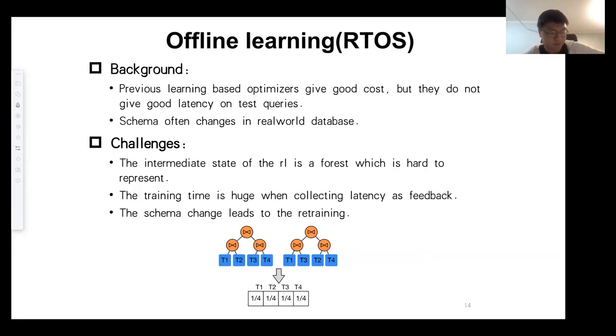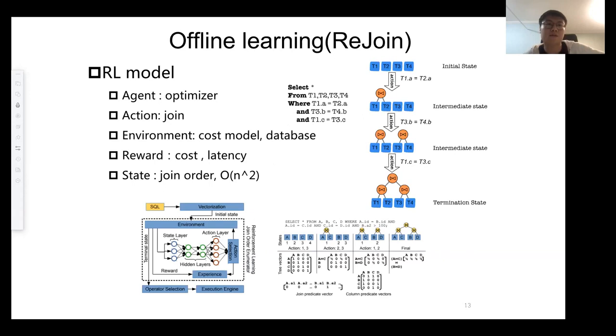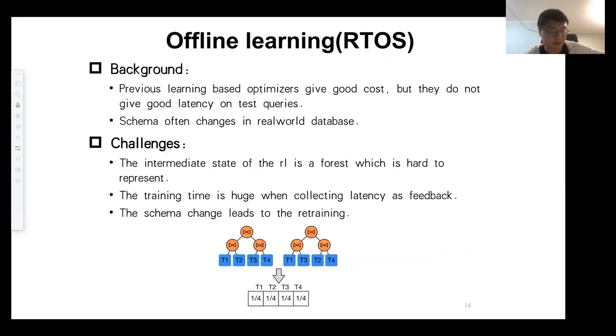But the naive reinforcement learning method like ReJOIN still has some room to improve. There are three main challenges. The first one is that the intermediate state of the reinforcement learning is a forest, so it is hard to represent.